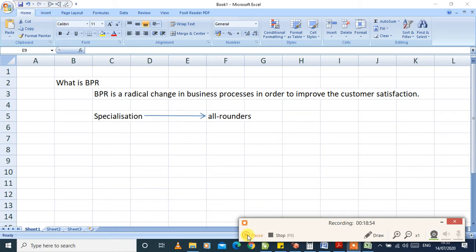Imagine there are 5 people, all responsible for a product, maybe the jackets of Sea Land Army. Starting from cutting the material, stitching the material, stitching the insulation, stitching the labels, everything they are going to do. There is no differentiation. Everyone should be able to do every work.